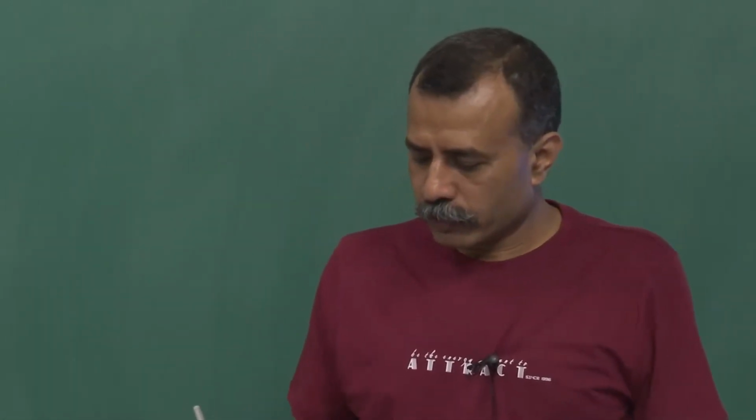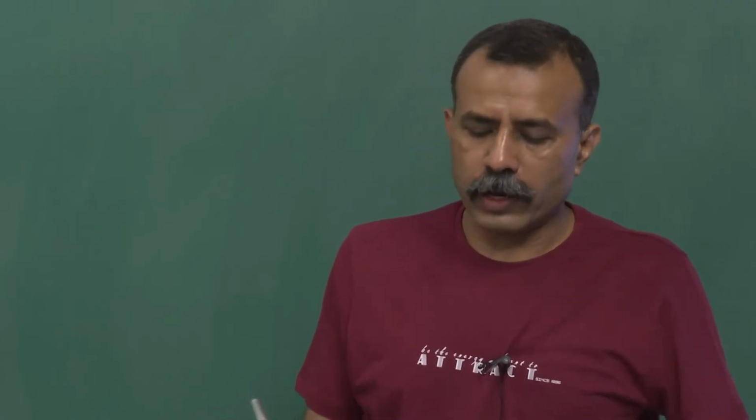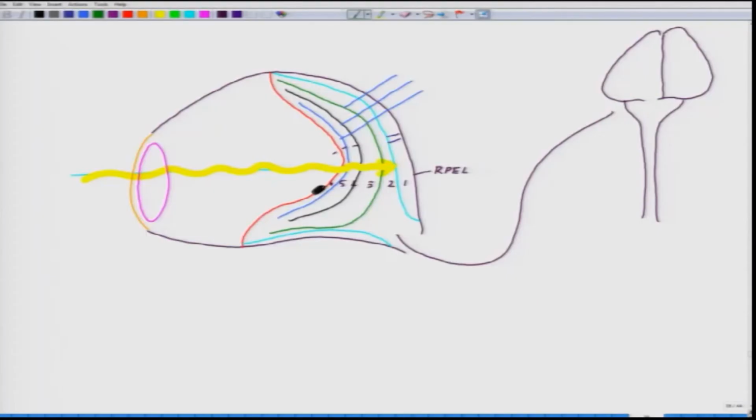So, if you look at the geometry of the eye, say for example, an image has to form out here. So, the image is forming out here, some form of image is forming. The lights are traveling something like this.